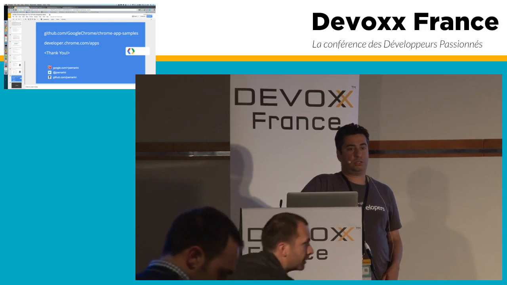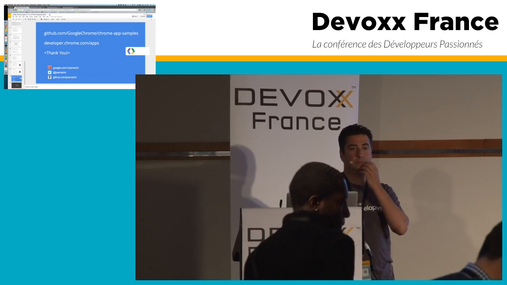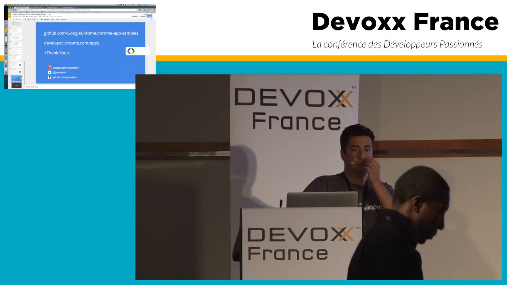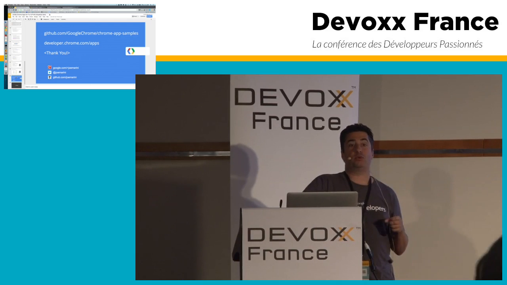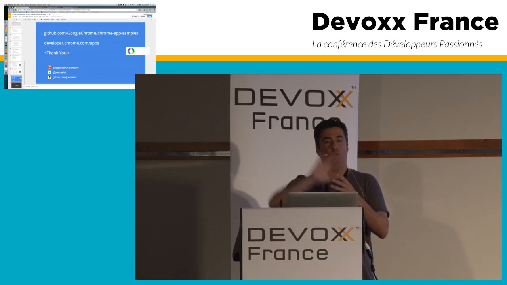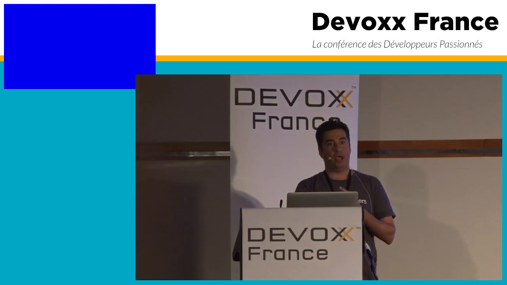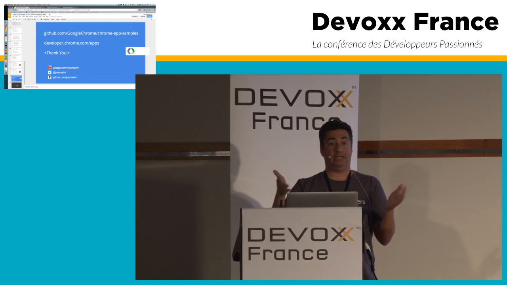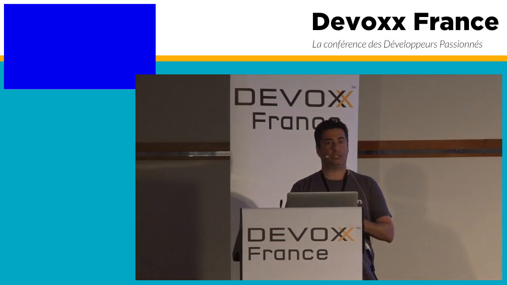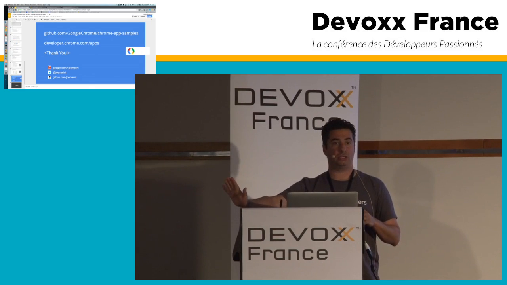Other questions? What's the difference between a web view and an iframe? So Chrome, you have to remember, Chrome is a full browser, right? It has a UI, it has support for plugins, extensions, right? It has a way for handling downloads, right? So it's all the stuff that has nothing to do with rendering the page.